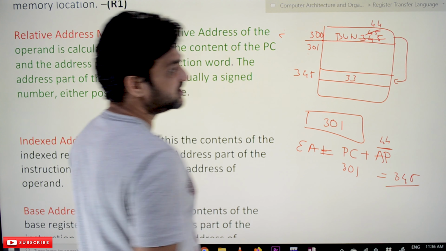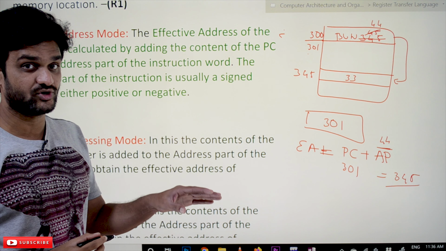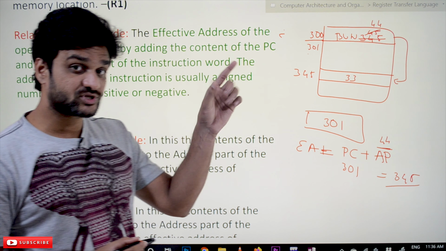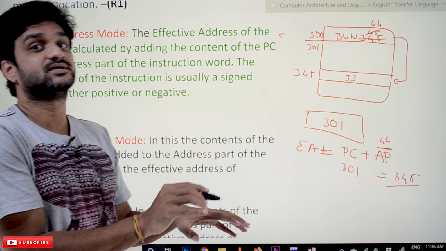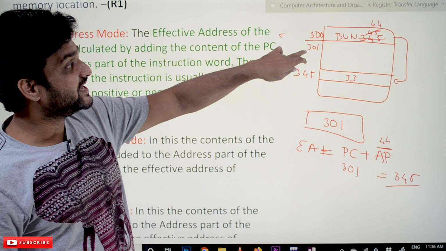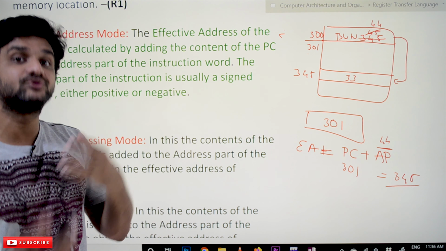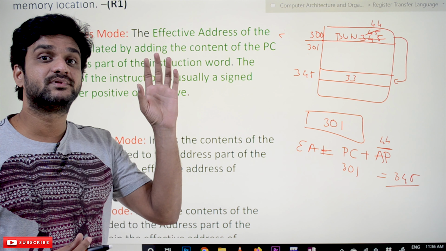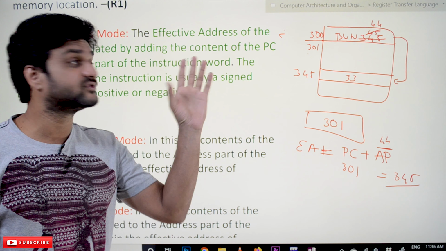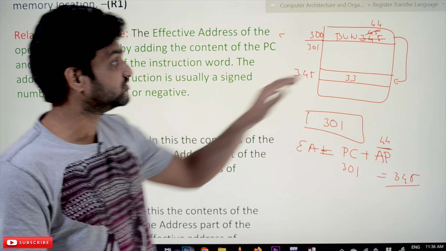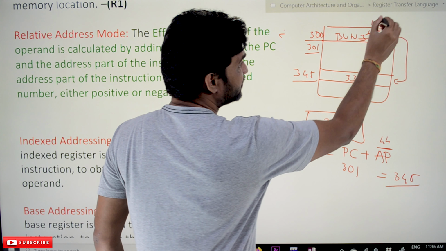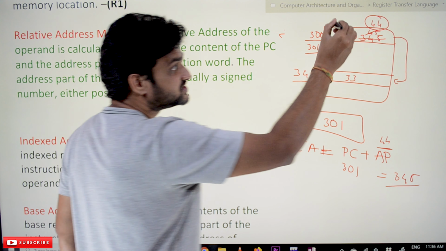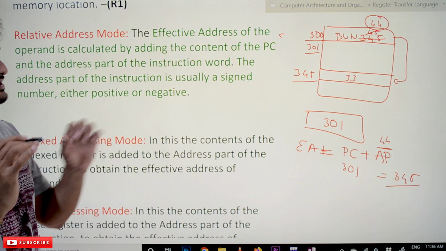This is what we call relative addressing mode. In the direct address mode, the absolute address is given, but here, relative to the address in the program counter, the address will get generated. To get 345, we add 301 with 44. This is what we call relative addressing mode.